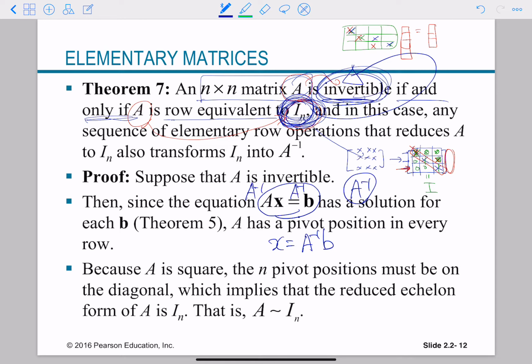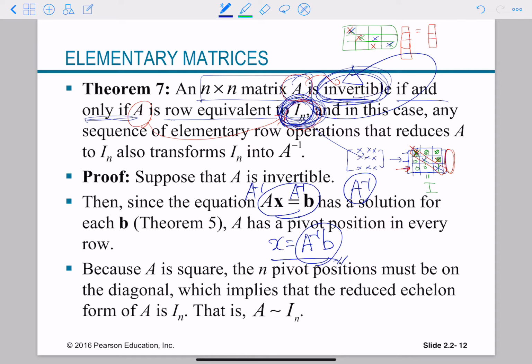So x has this closed form solution, and we can conclude that the solution always exists.